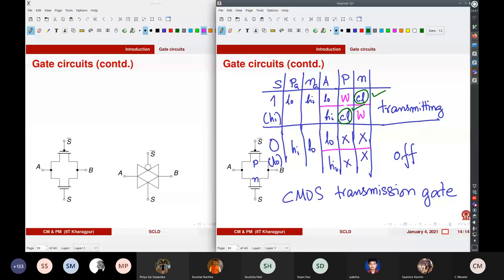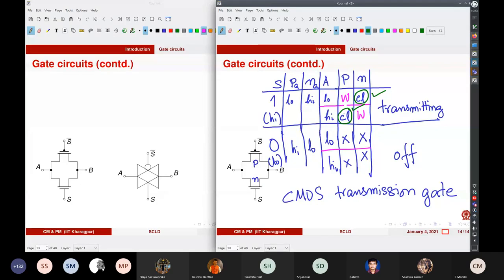So these are the cases for which the gate is transmitting. As you can see, it is covering both the cases, A low and A high. Both cases are covered.